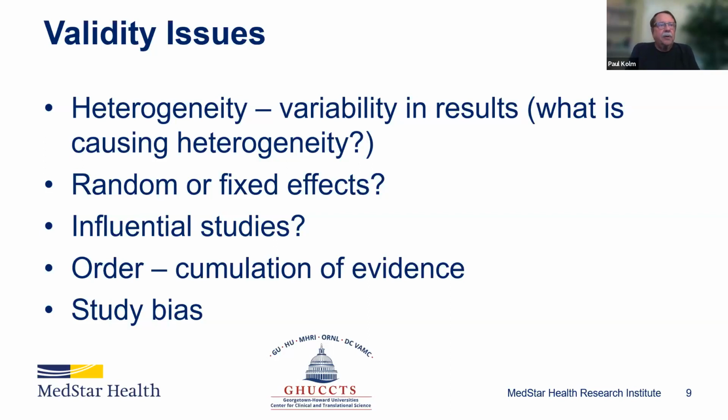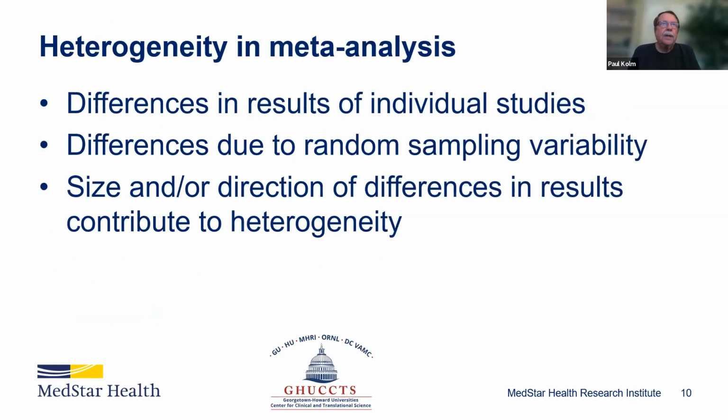And then, of course, there's always study bias. That is, it may be that one of the individual studies might be biased in and of itself. In other words, you might include a study that's flawed in and of itself.